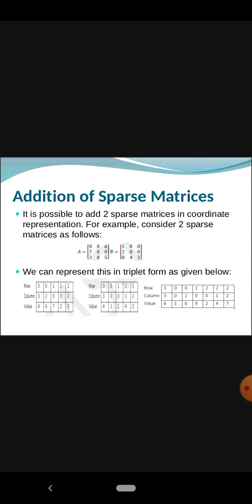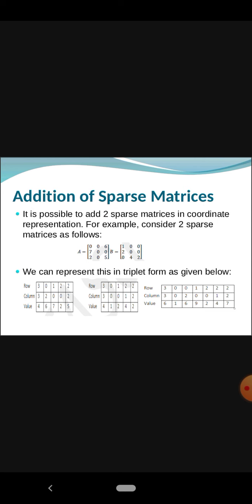So we can see both these matrices are sparse matrices. So we can represent it in triplet form. We have given that in the below. First one is for the first matrix, that is for A, and second one is for the second matrix, that is for B. Here we represent it column wise.